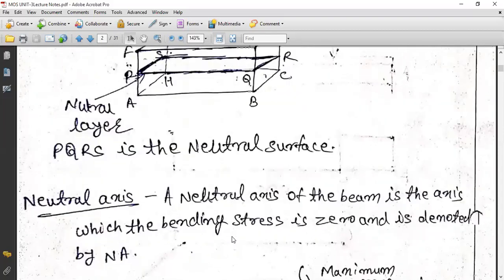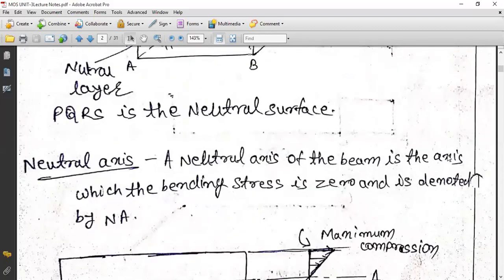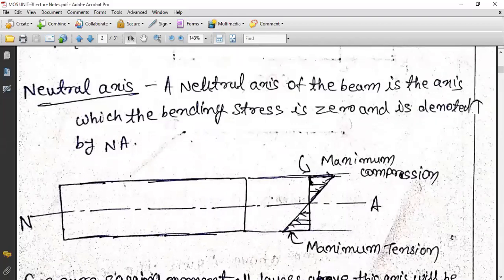What is neutral axis? The neutral axis of the beam is the axis at which the bending stress is zero, and it is denoted by NA. So this is the neutral axis. This is the maximum compression, and this is the maximum tension.